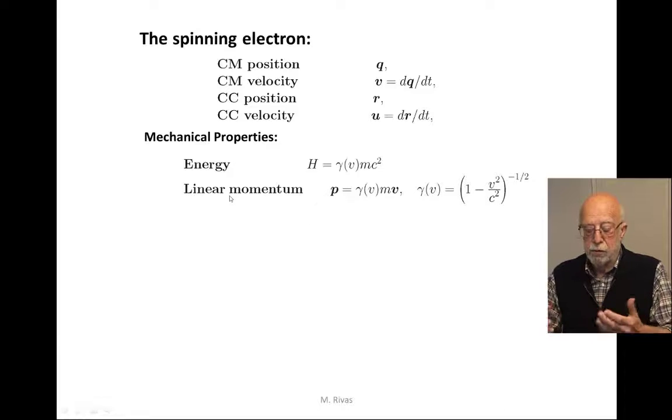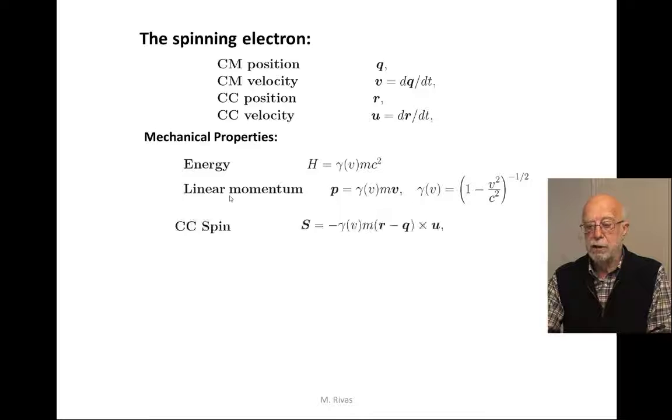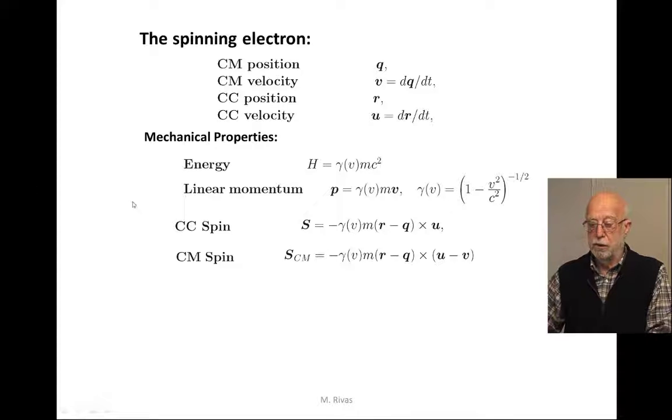But in addition to these mechanical properties, we also have the center of charge spin, which is written in this form, and the center of mass spin, which is written in this form. Here only the center of charge velocity appears, and here the differences between both velocities.